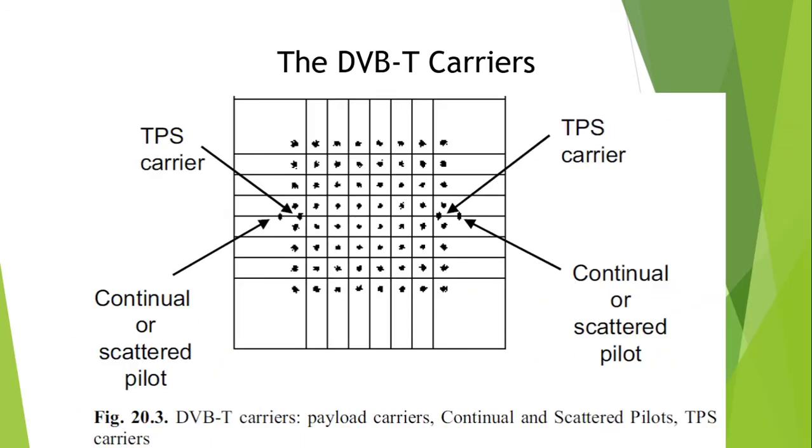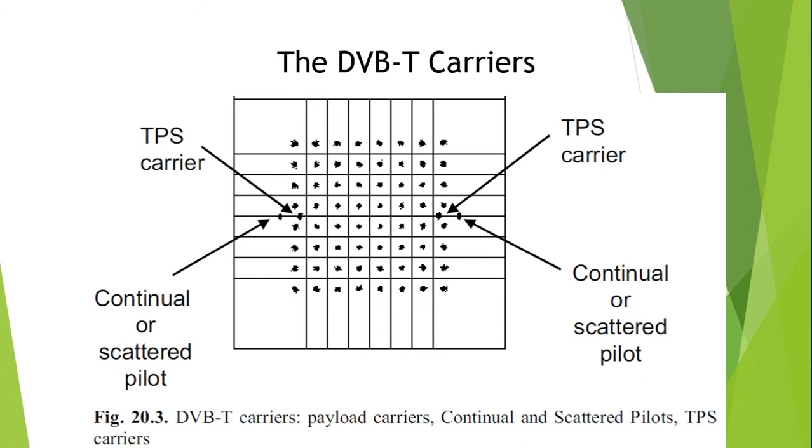The TPS carriers are located at fixed frequency positions. For example, carrier number 50 is a TPS carrier. TPS stands for Transmission Parameter Signaling. These carriers represent virtually a fast information channel via which the transmitter informs the receiver about the current transmission parameters.